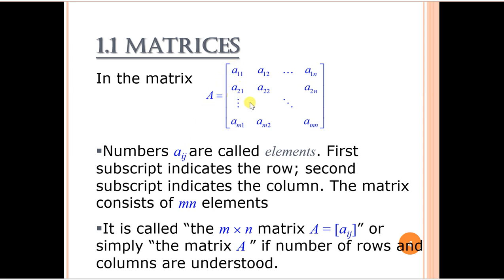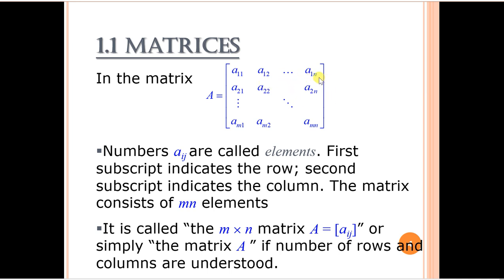Suppose an element is lying at the intersection of the first row and second column, then that is represented by A12. The first subscript shows the row in which the element is lying, and the second subscript shows the column in which it is lying.